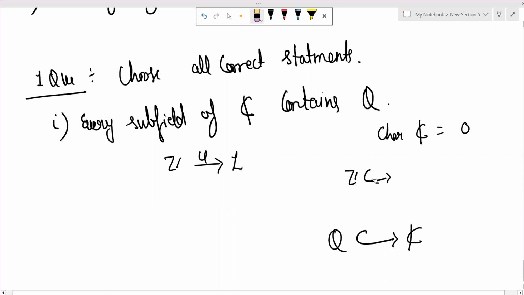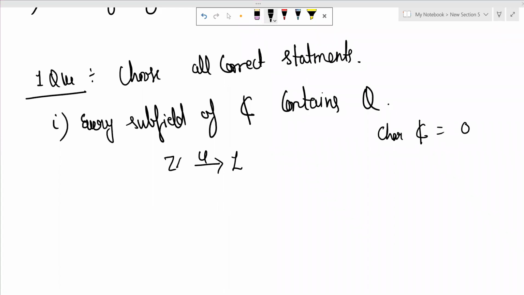Yeah. So Z to L. So how will you define the ring homomorphism? 1 goes to 1 and 2 goes to 1 plus 1, basically 2 goes to 2. L is contained inside C, right? L is a subfield of C.